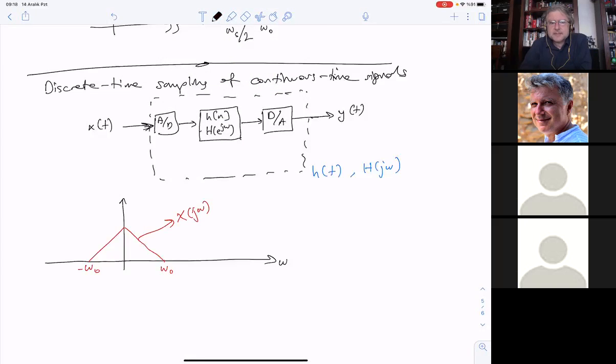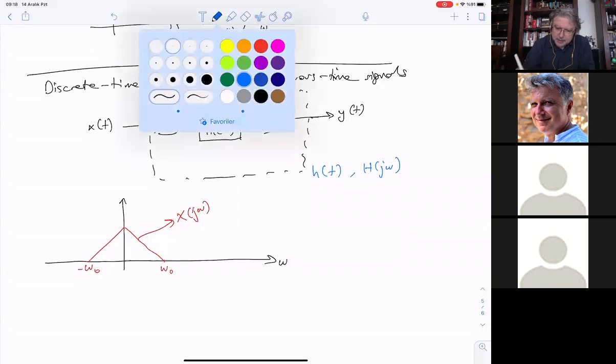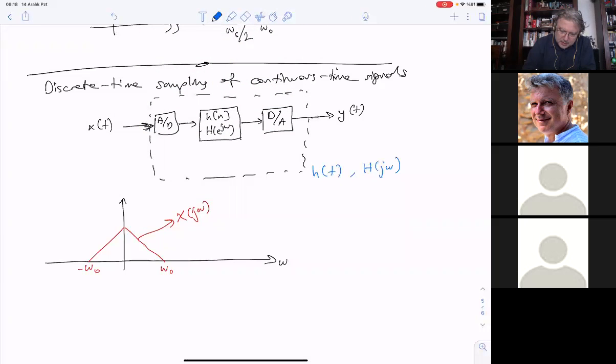on the frequency axis. If your filter has a wider spectrum than this one, maybe from here to here, so this is h of j omega, okay?